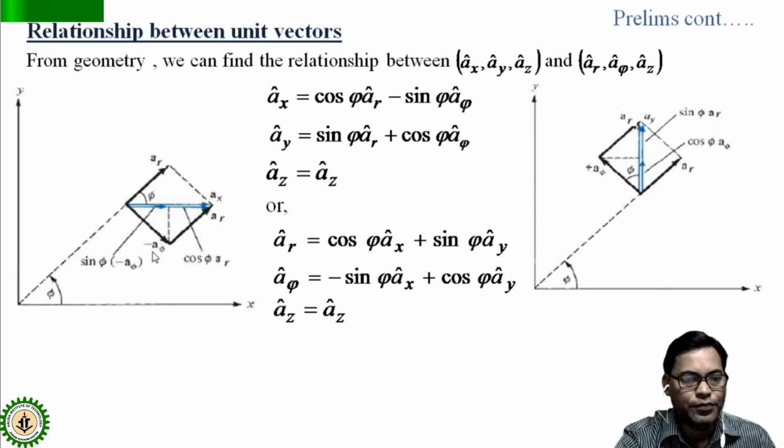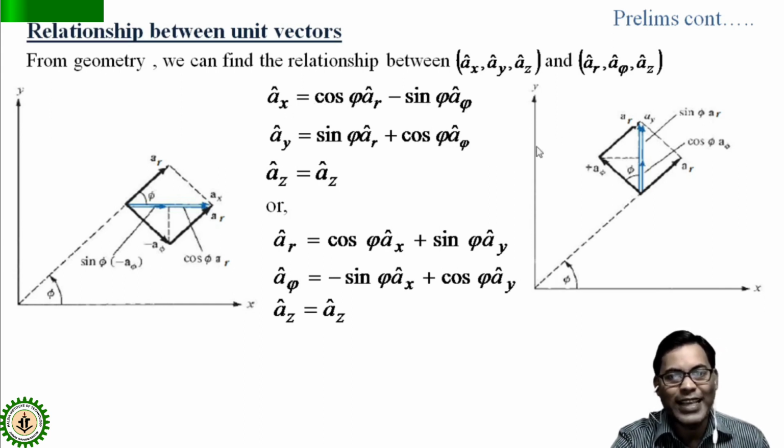That is minus aφ cos(90 minus phi), and from that we get minus sin phi aφ. And there is no z-axis component, so the unit vector ax is related to the unit vectors ar and aφ by this equation: ax equals cos phi ar minus sin phi aφ.